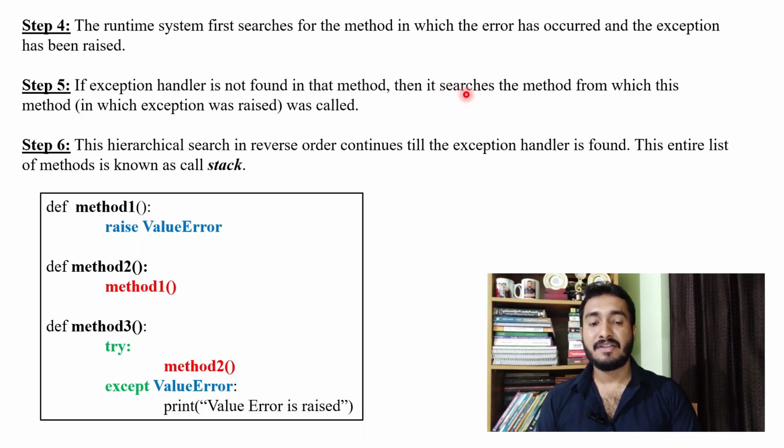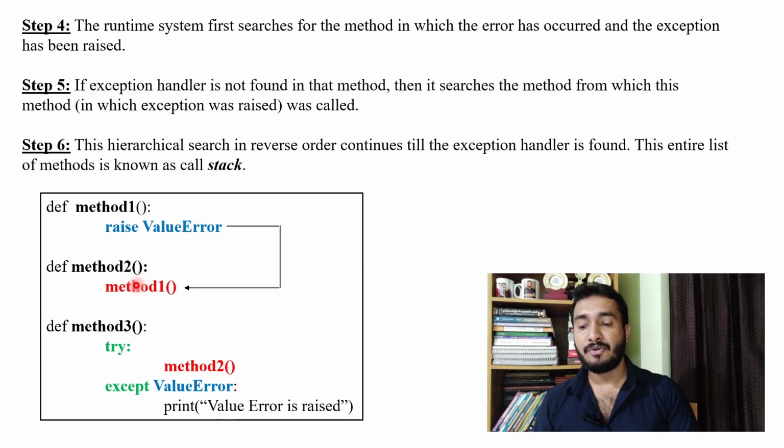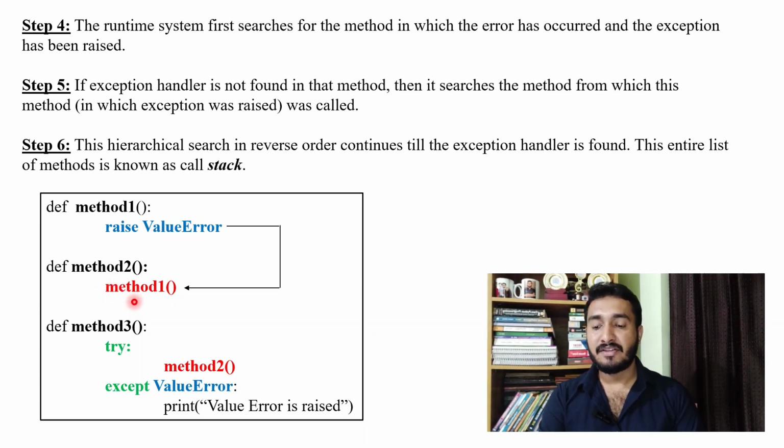Then it searches the method from which this method was called. Now the Python runtime system will go back to method 2. Why? Because from method 2 we are calling method 1. Again, there is no except block in method 2. So it will go back to method 3. Why? Because from method 3 we are calling method 2.